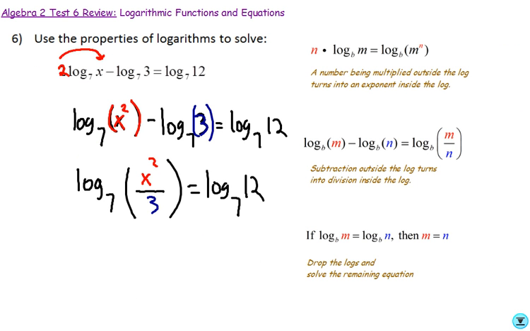What we're going to do here is drop off the logs and just focus on the equation that's left, right? Which would be x squared over 3 equals 12. All right, so what I want to see is if I can solve this. So I want to get x by itself.